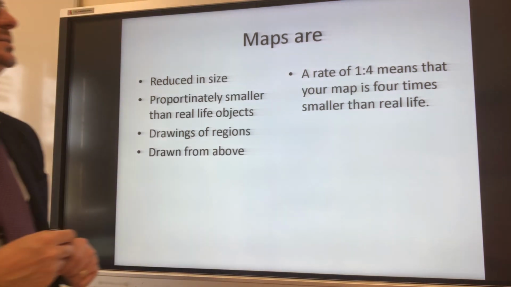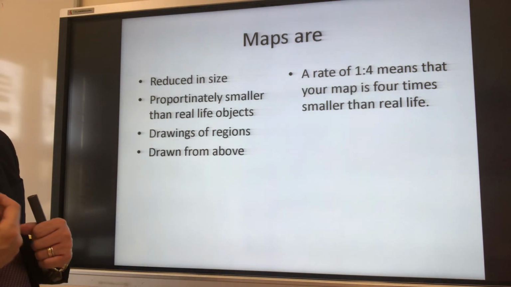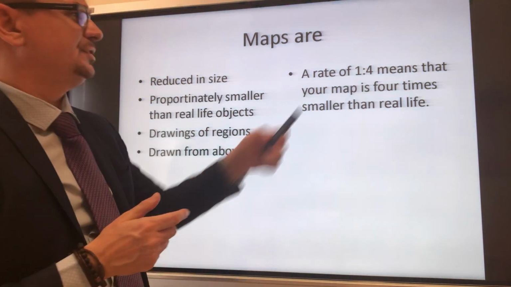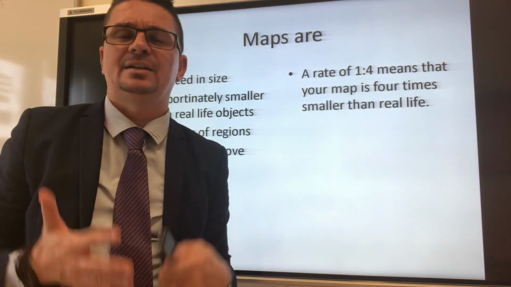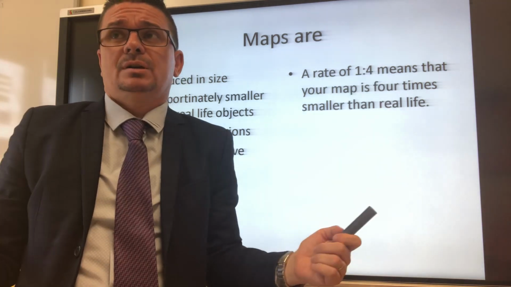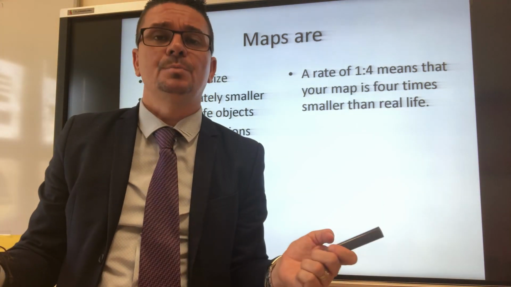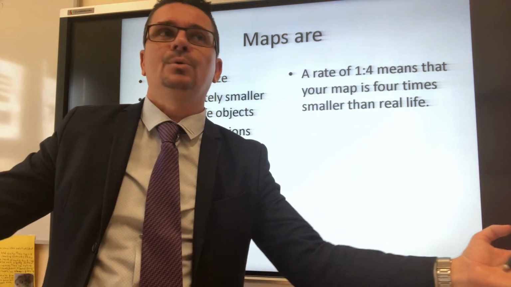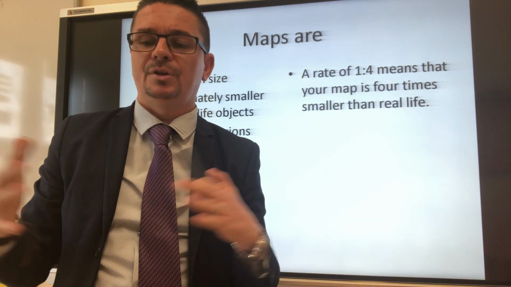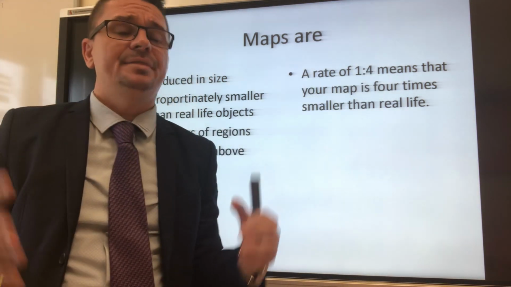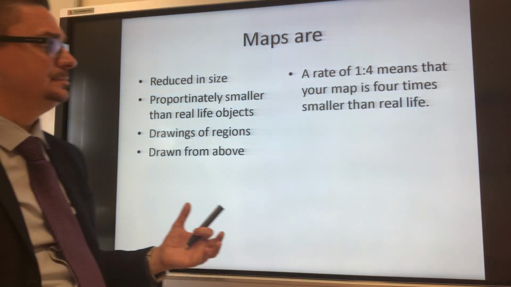A rate of 1 to 4 means that your map is 4 times smaller than real life. Very often you can find here a really big number, like 1 million. Of course, because when I want to symbolize the whole Earth in my classroom, I can't place here the whole Earth, so probably on a map it will be 1 million times smaller than the actual planet.